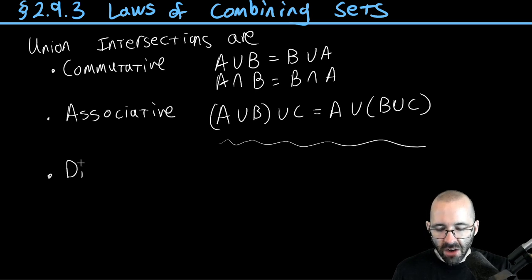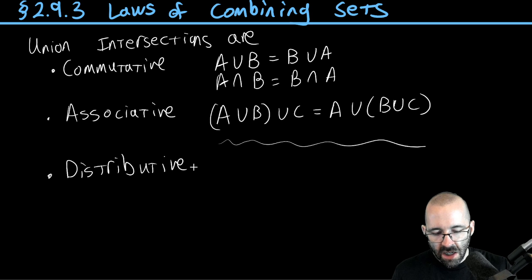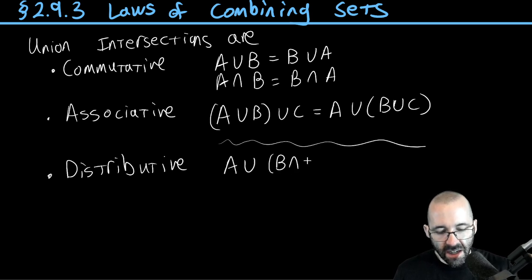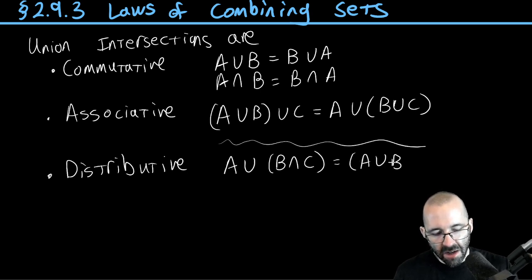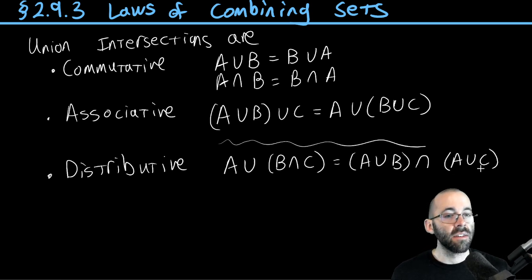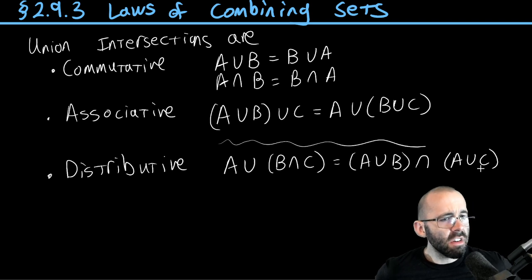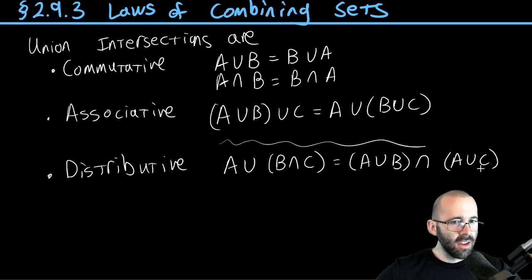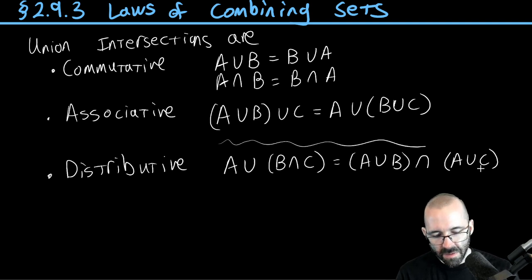Distributive, you probably already know. You probably know that one from just regular math. But that says that if I have A union the intersection of B and C, we can just do that in pieces: the union of A and B intersected with the union of A and C. This one's a little harder to see why it's true, but we're going to be giving some practice to see it being true.